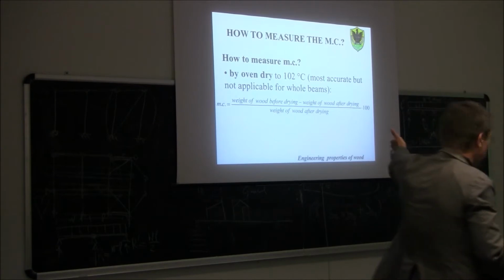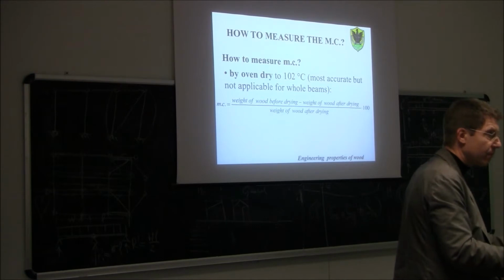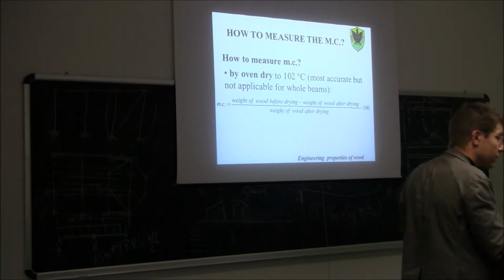But when you receive a beam on the building site, you can't cut a piece of wood, because the beam has already been classified. As soon as you modify it, you cut a hole, you cut a piece, this beam is no longer classified for the strength class that you have used before. So you can't use this one. Chiaro adesso?